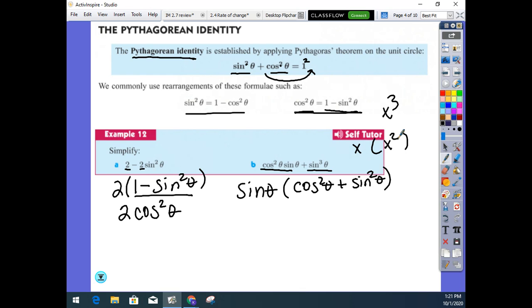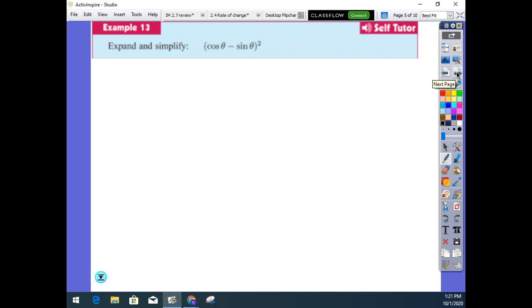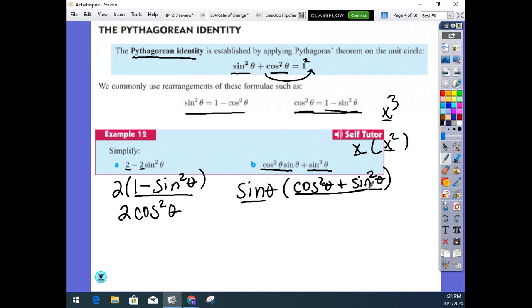We treat sine, cosine, whatever, just like your x's. Oh wait, what is cosine squared plus sine squared equal? This whole thing always equals 1. And sine times 1 is just sine. Now, always make sure you keep the theta or whatever variable is being used all the way throughout the problem.